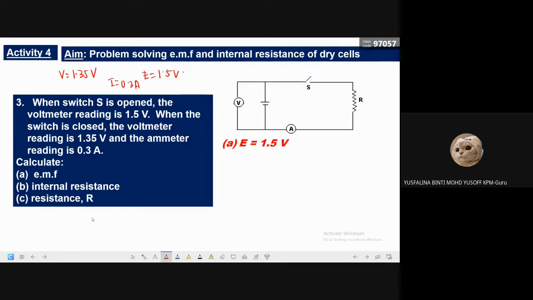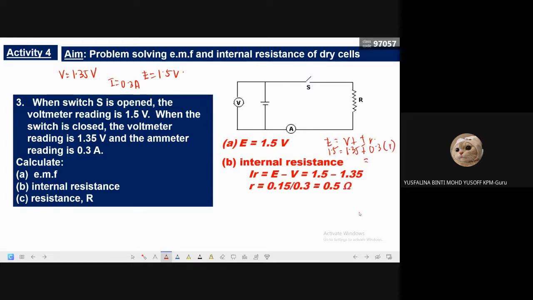For the internal resistance, we use the formula E equals V plus Ir, right? So your E here is 1.5, your V is 1.35, plus I is 0.3, and you can find your r here.